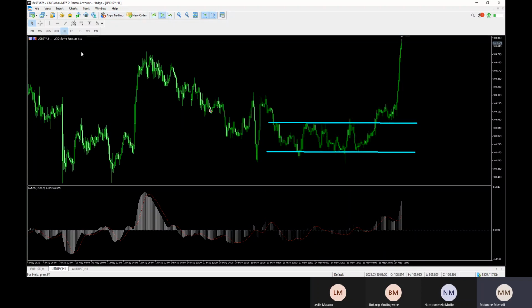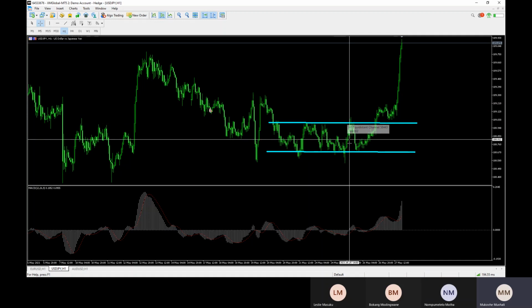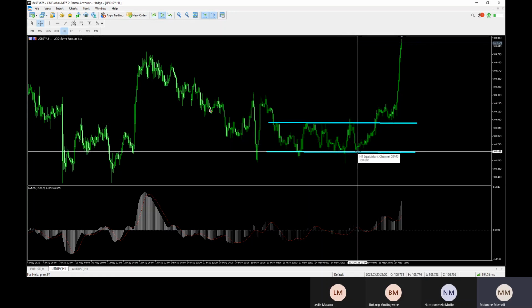Okay, and so when you want to trade now, you'll be looking at these zigzags being formed, the market consolidating between two prices. In this case, it's your 109.004 and around 108.683.